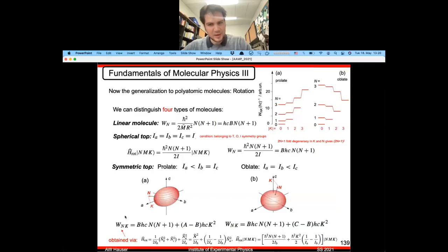It is energy as a function of n, the actual angular momentum, and k, which is the projection of the angular momentum onto an axis. And here, for the prolate type, we will choose the projection onto the a-axis, because this axis is uniquely defined. It's the one that has the lower moment of inertia, right? The other two have the higher moment and are identical.